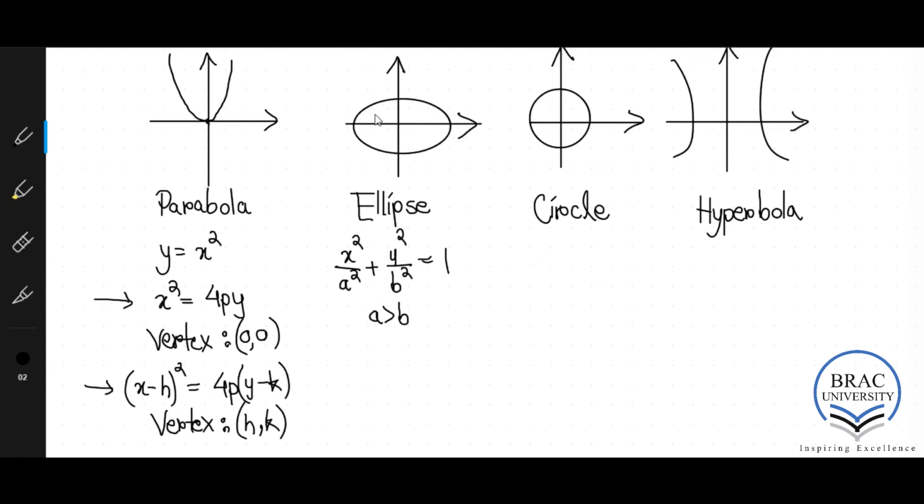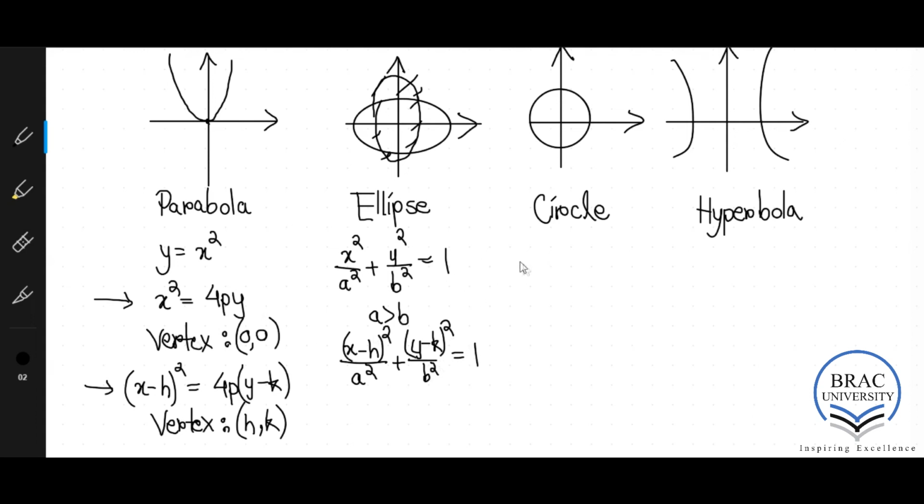But if b was greater than a, we would have a shape kind of like that, but we're ignoring that for now. I'm just going to look at this shape. And for this shape, if we did not have it centered at 0, 0, the origin, then the standard equation would be x minus h squared over a squared plus y minus k squared over b squared is equal to 1.